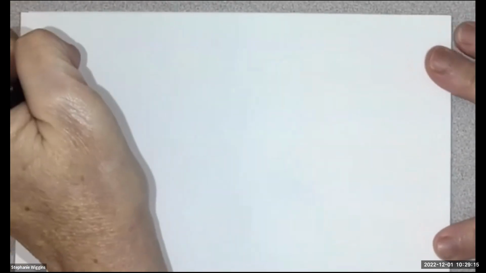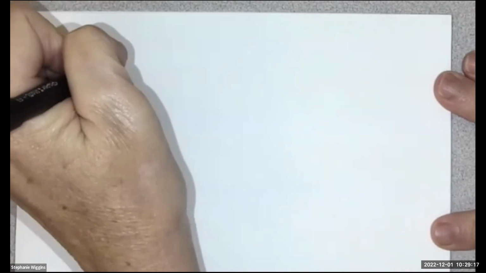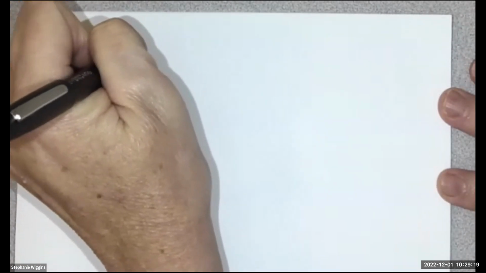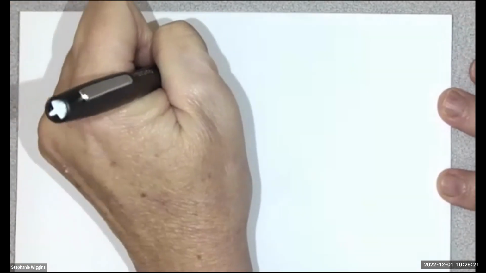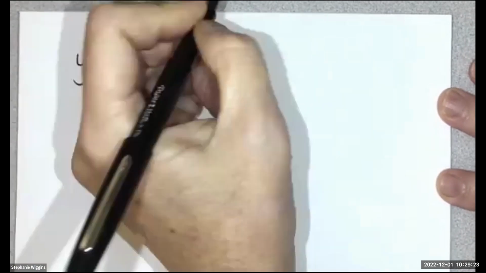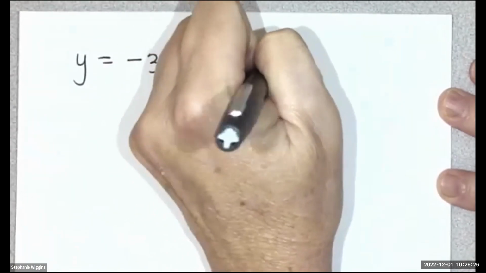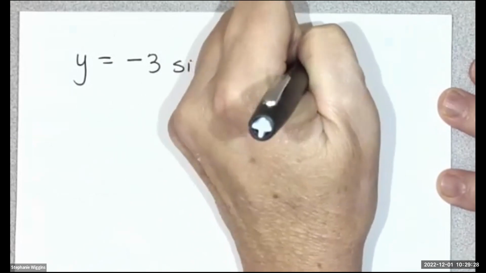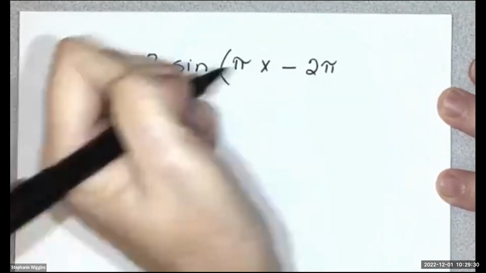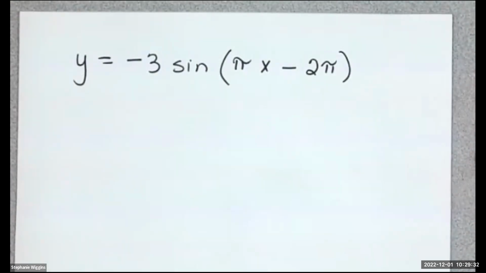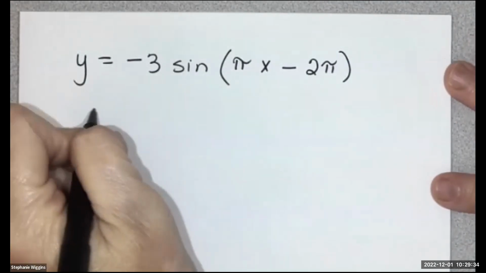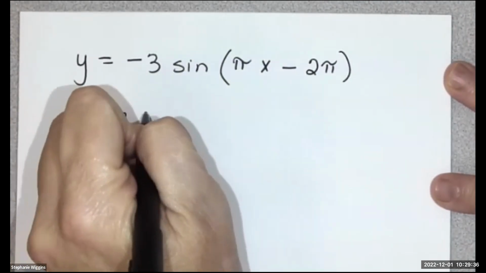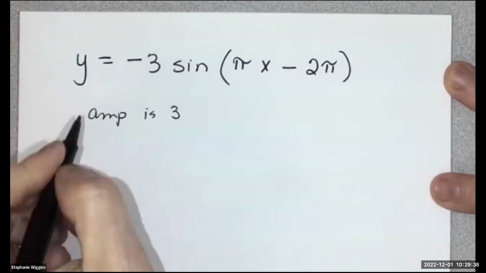Let me do another example so we can clarify this. Let's say y equals -3 sine of pi x minus 2 pi. The amplitude is 3.